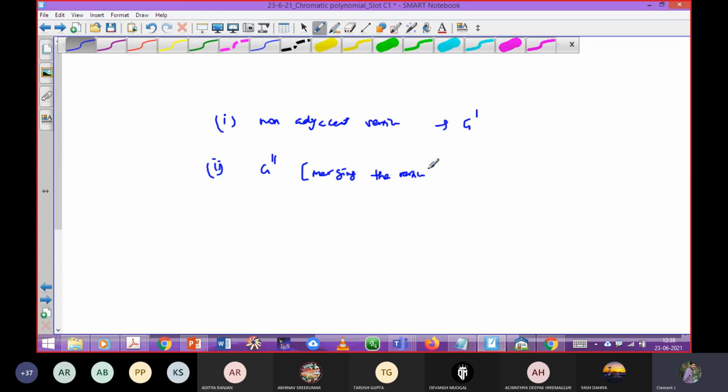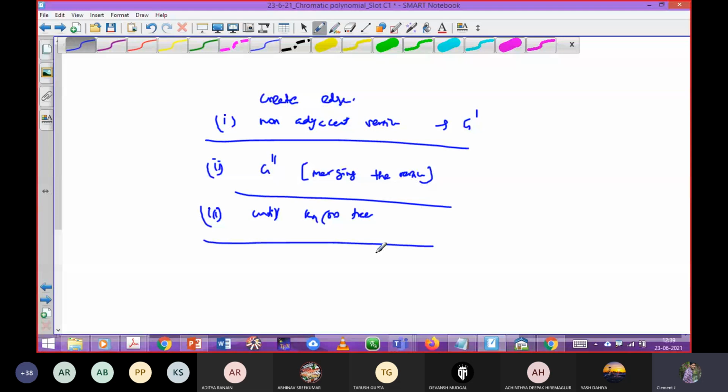A third step is that the process can be continued until you get either a complete graph or a tree. That is the procedure you need to follow. There are totally 3 steps you need to follow clearly.